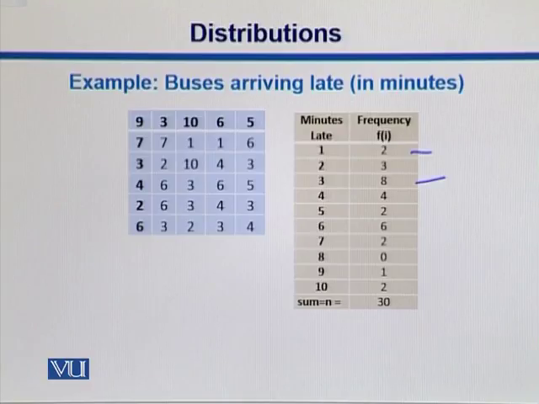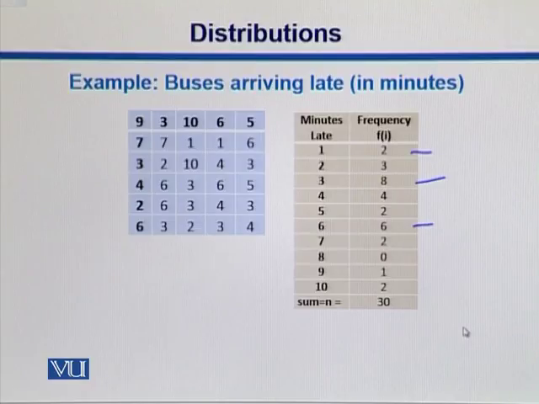If we get these frequency tables, we can have an idea about the distribution. Most of the buses are in this category, about 3 minutes late. Then some of them are 6 minutes late. When we plot these things, we can have an idea about the shape of the distribution.